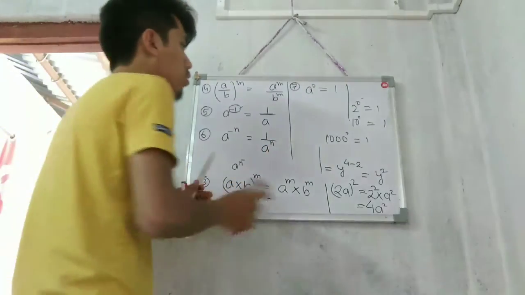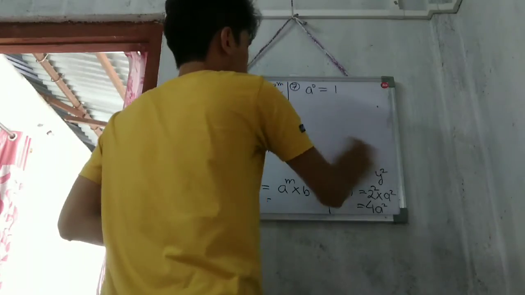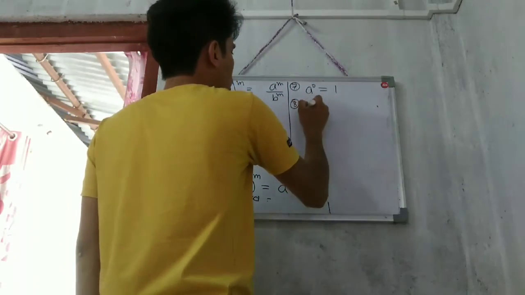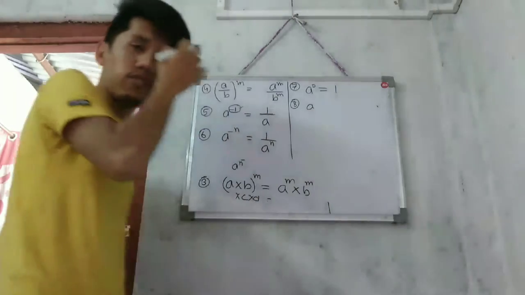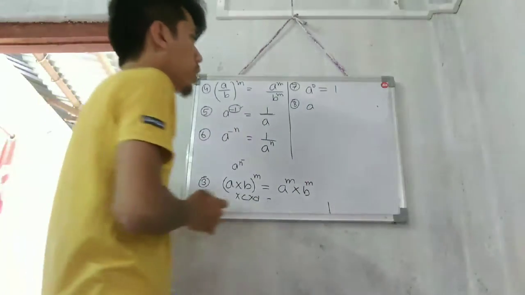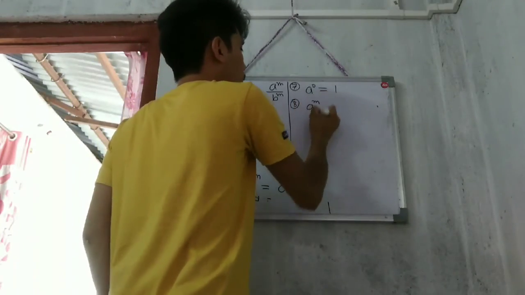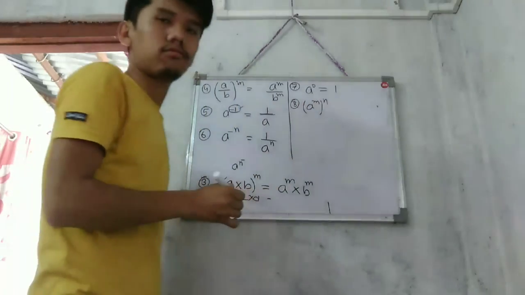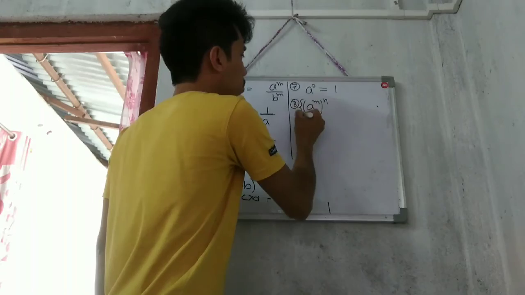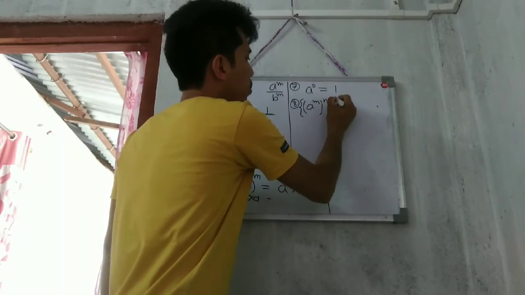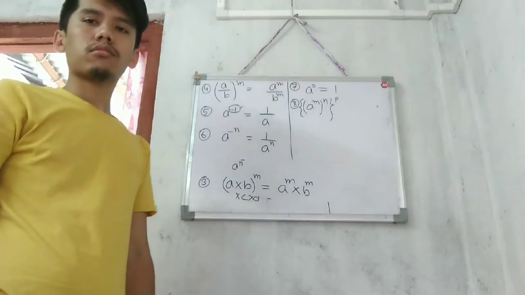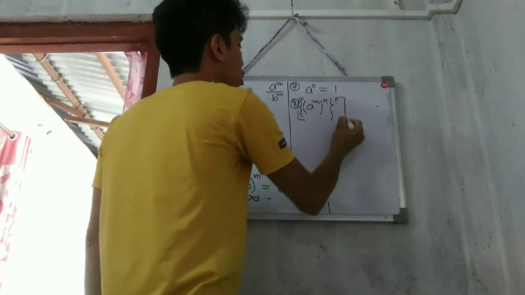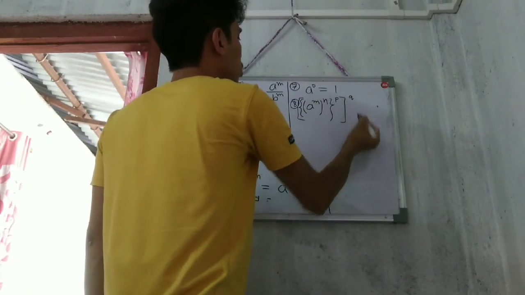Okay. Now next formula, number 8. This is also an important formula. See, the power is A to the power m, whole to the power n, again whole to the power p, again if I say whole to the power q.